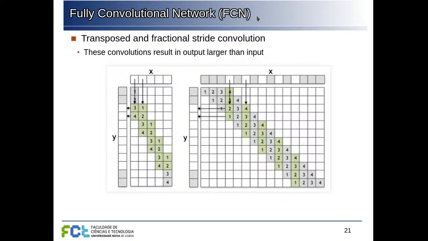Actually, a better way of doing this kind of upsampling is just doing a simple upsampling on the input, for example, by interpolation, so filling in vectors interpolated between the neighbors, or using the nearest neighbor, just copying the value. So we get now a larger map for the input, and then apply a simple convolution to that.